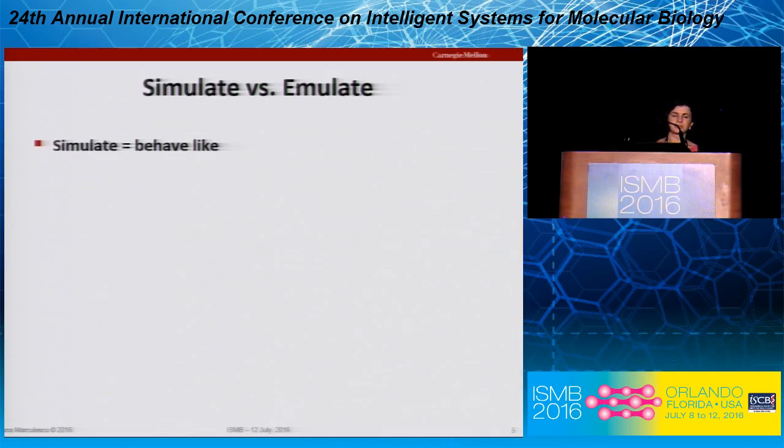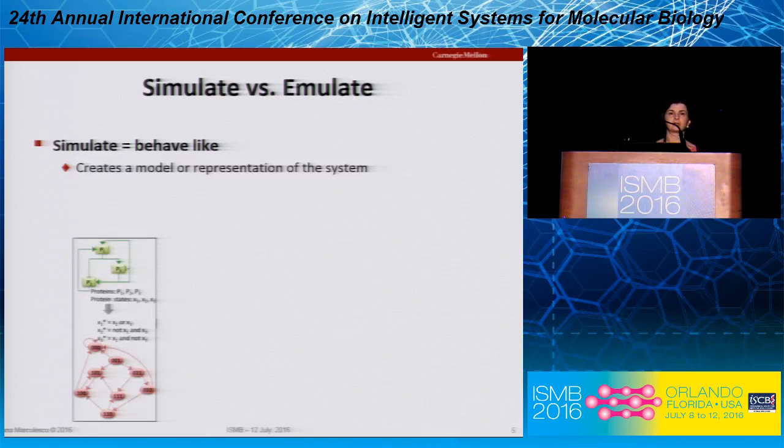In principle, simulation builds an artifact that behaves exactly like what you're trying to model. And usually when we say simulation, we have a software program that creates a model or representation of the system.